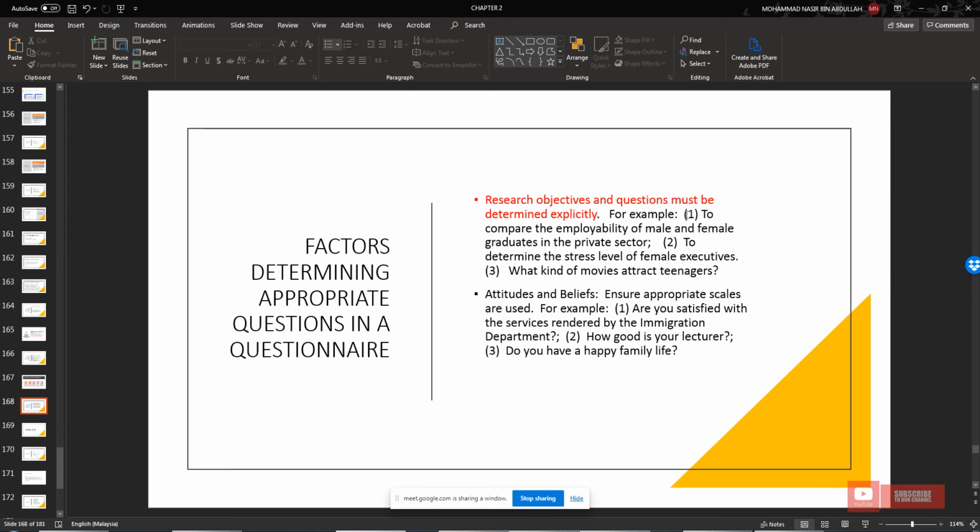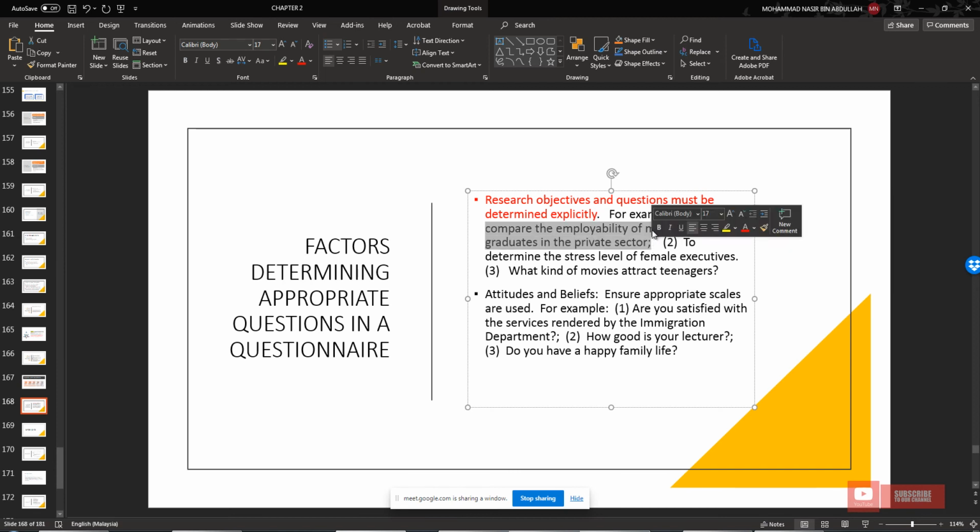For now, let's say this is the objective: you want to compare the employability of male and female graduates in the private sector. In your mind, you should know there are two variables in this objective. The first variable is employability, right?